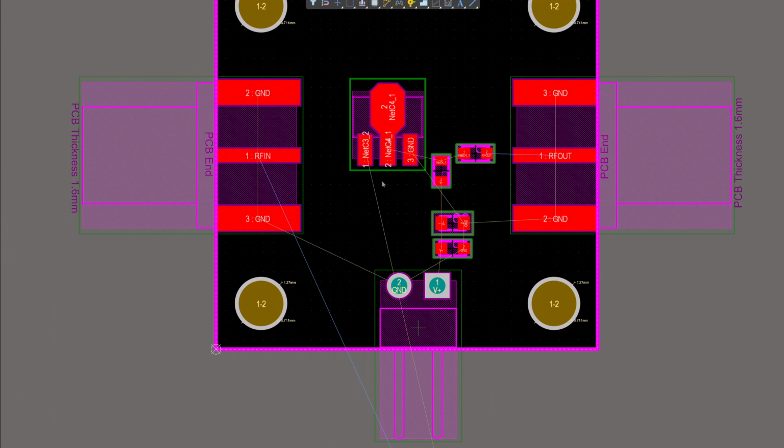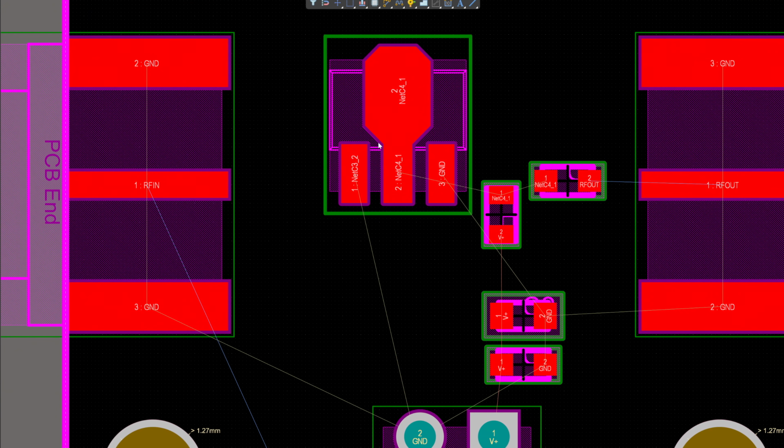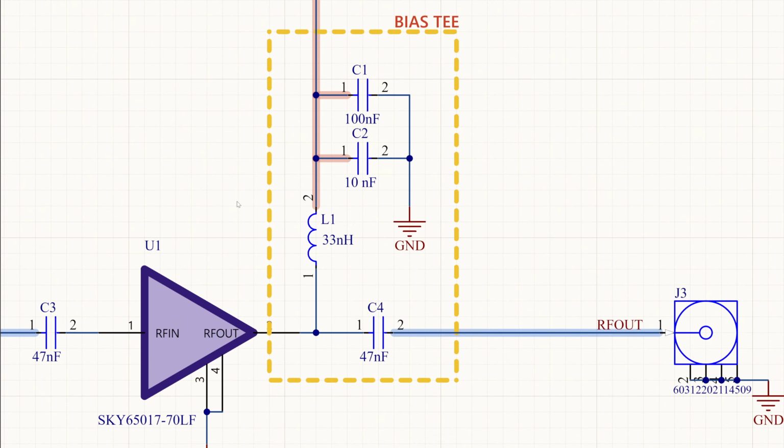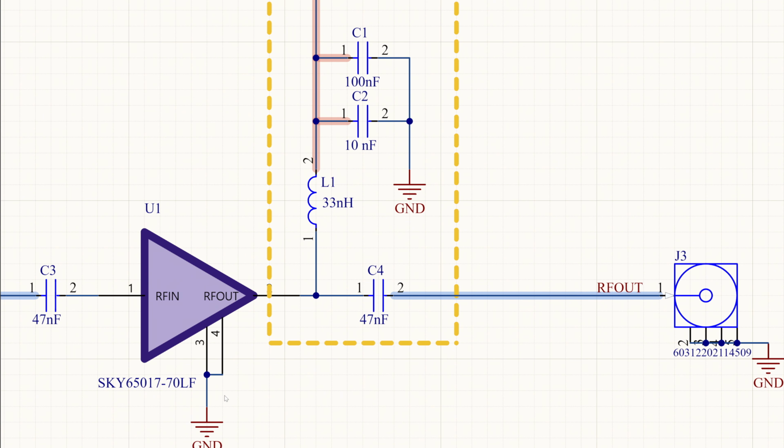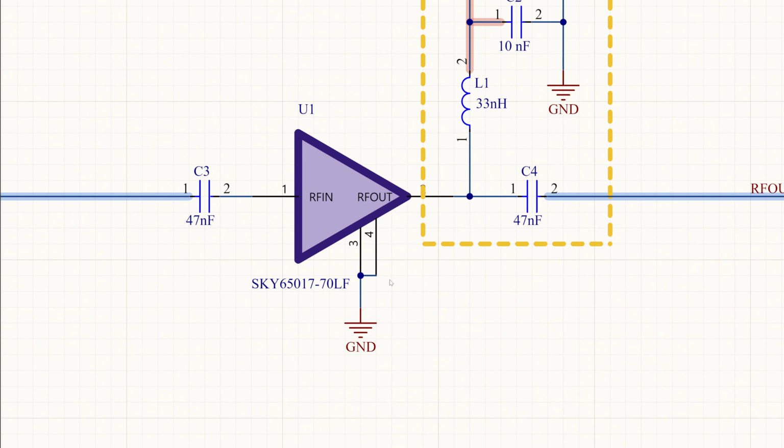It seems that I have made a mistake of swapping the pin 2 and 3 of the IC. The pin 2 needs to be shown as ground, but in the schematic I have shown the pin 3 and 4 as ground, so I need to fix the library.